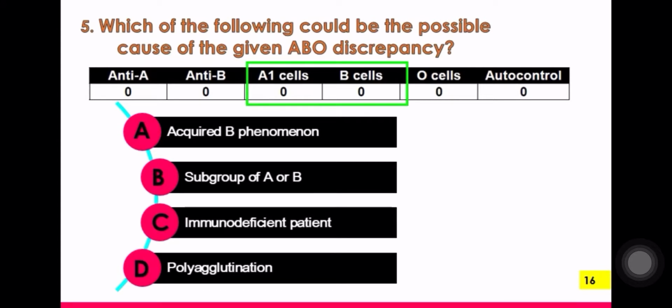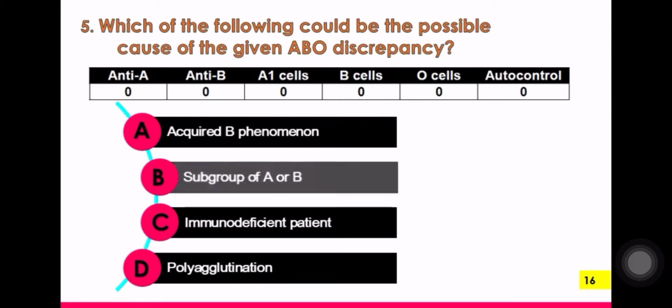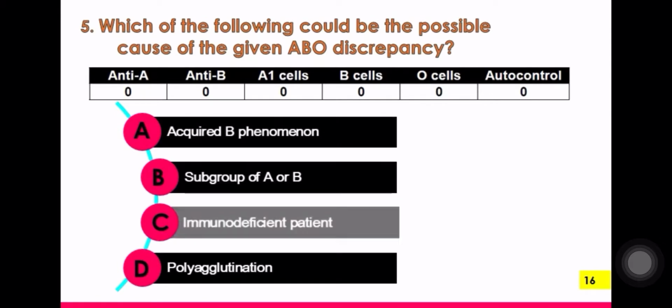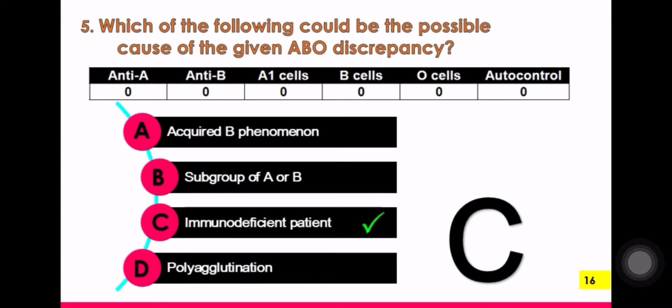But instead, walang reactions. This means that there are weakly reacting or missing antibodies. So choices, is it A, acquired B phenomenon, B, subgroup of A or B, C, immunodeficient patient, or D, polyagglutination? Correct answer is letter C, immunodeficient patient.